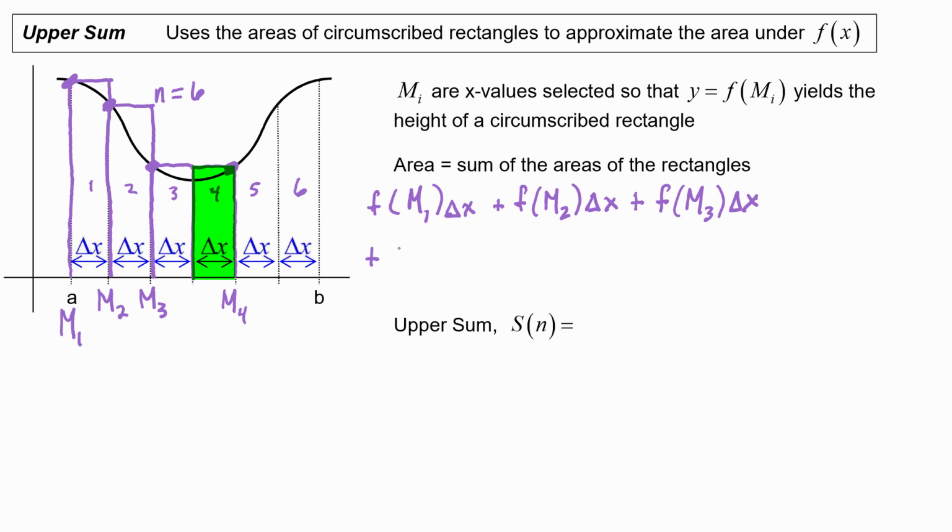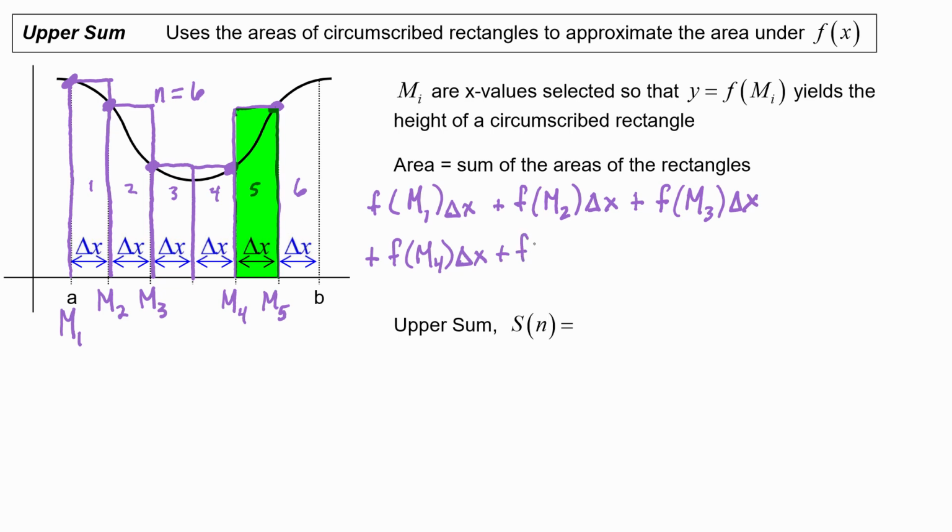So we add f of capital M4 delta x plus, in region 5, we have to choose this x value, and we get the height to be the circumscribed rectangle.